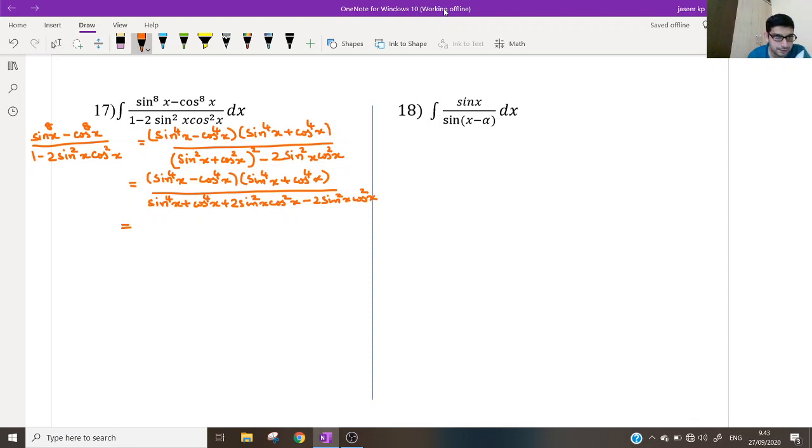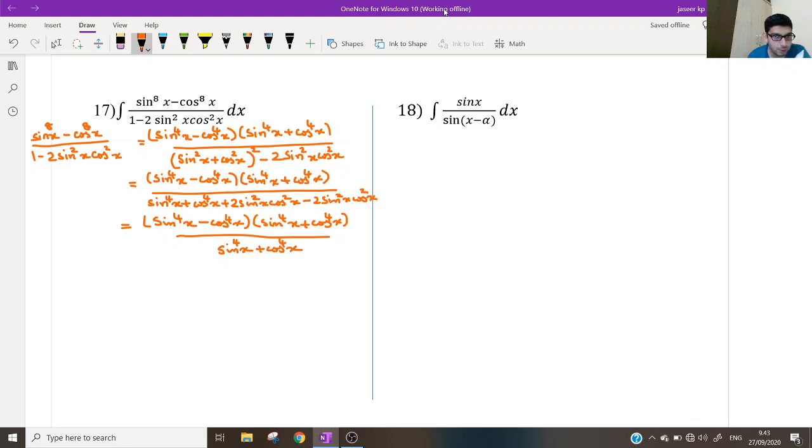So now if you see, this will get cancelled, so it will become sine power 4x minus cos power 4x into sine power 4x plus cos power 4x, whole divided by sine power 4x plus cos power 4x.